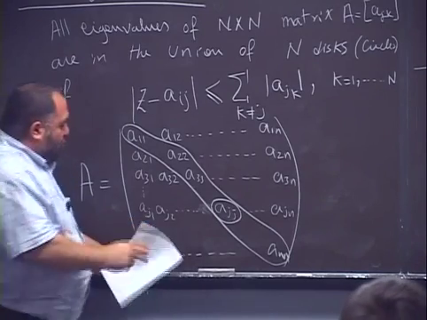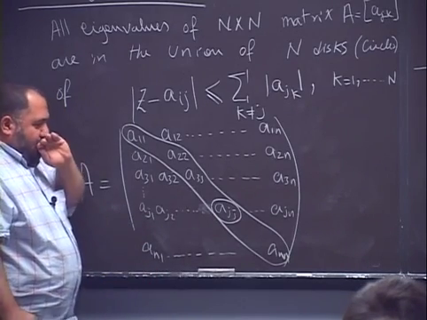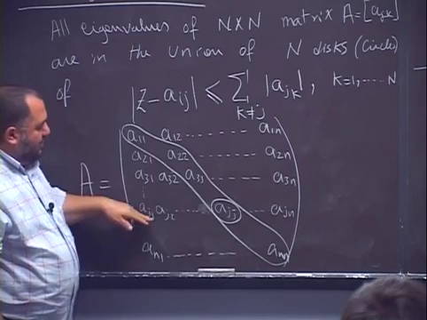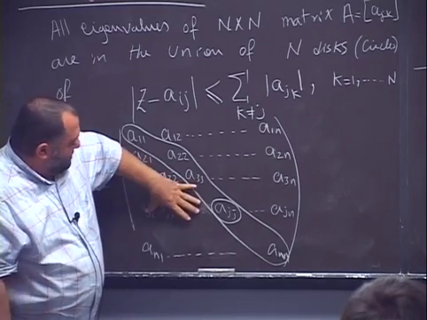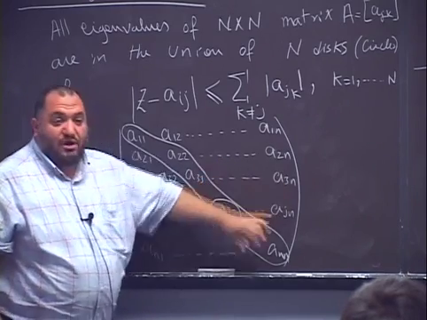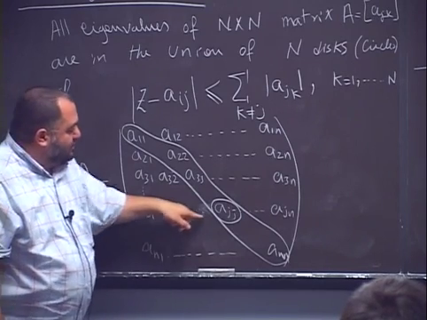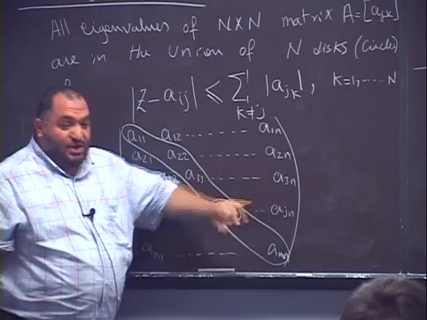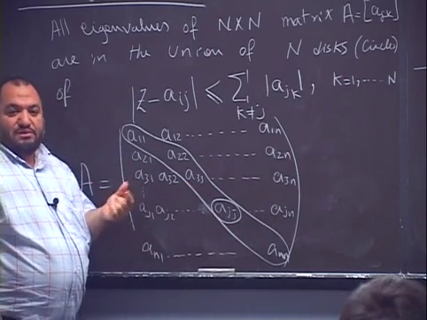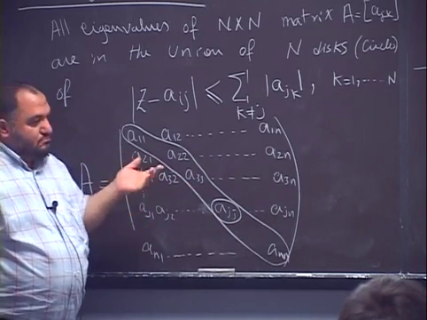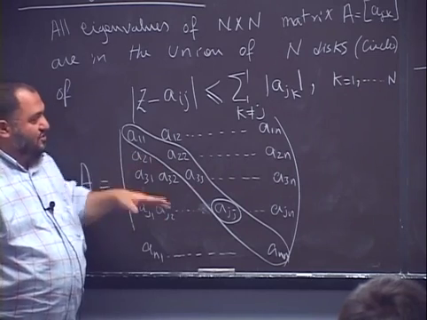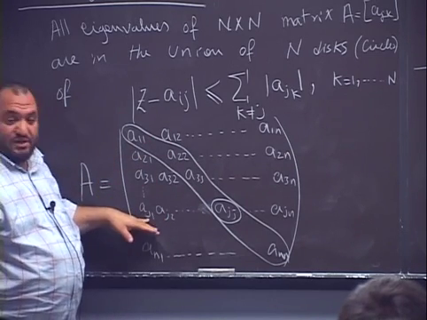So Ajj will be the center. Then if you sum all the off-diagonal elements of this row number j, if you sum all those elements here plus here, this will give you a number. Of course it will be positive because I take the amplitude of each one of those.